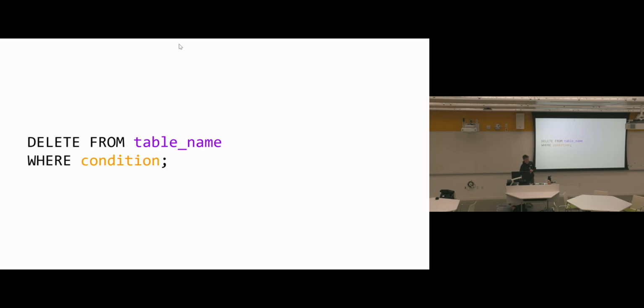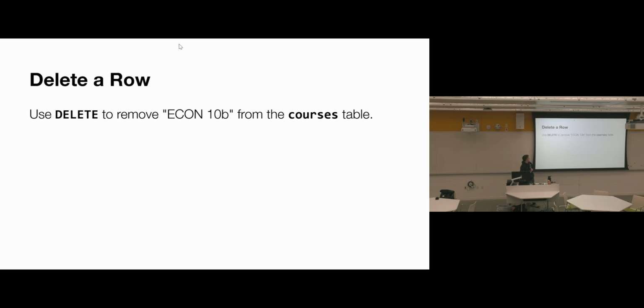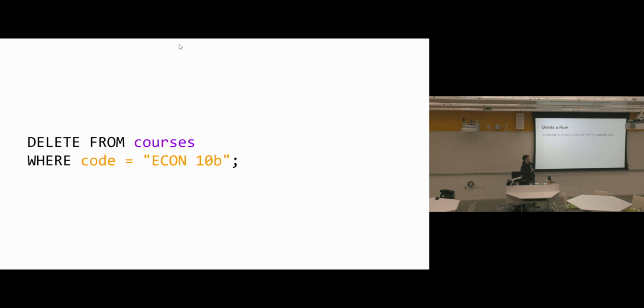We can also delete from our table. So we can use delete to remove Econ 10B from the courses table by saying delete from our courses table the entry where the code matching that entry is Econ 10B. Okay?